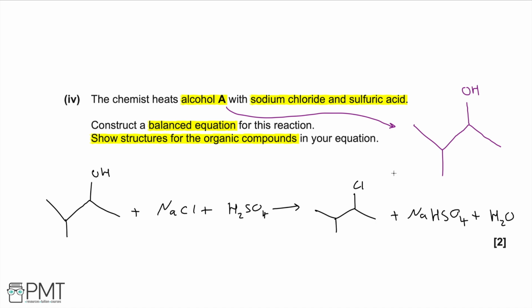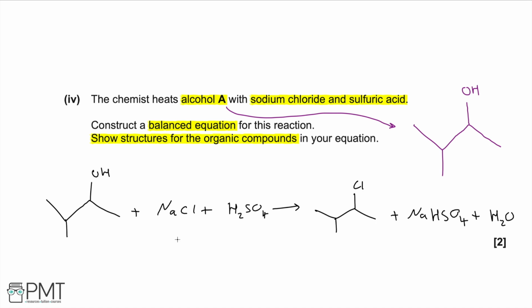So we'll form a haloalkane, since our sulfuric acid donated 1 proton to our alcohol group, it's going to be HSO4 minus, and that's going to form a salt with our remaining sodium, forming sodium hydrogen sulfate. And we're also going to form water from the donation of that proton from the acid to the alcohol group in our alcohol A.